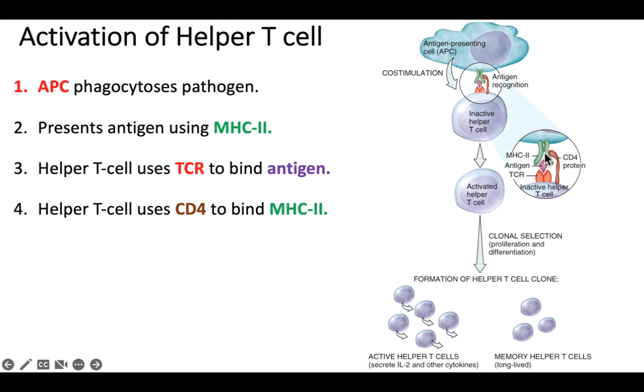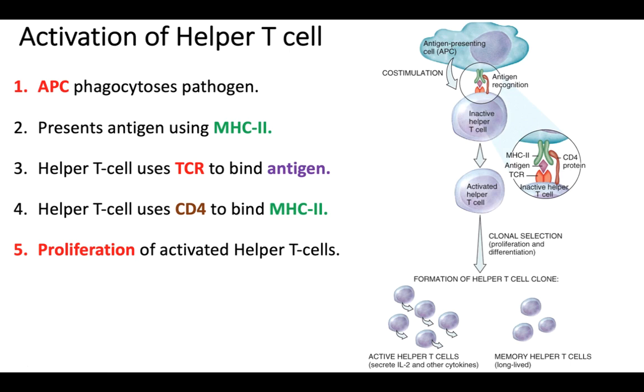And once these interactions occur, that's what causes the proliferation and activation of the helper T cells. So now instead of having one, you're going to have multiple, hundreds, maybe thousands of these helper T cells that all got activated.